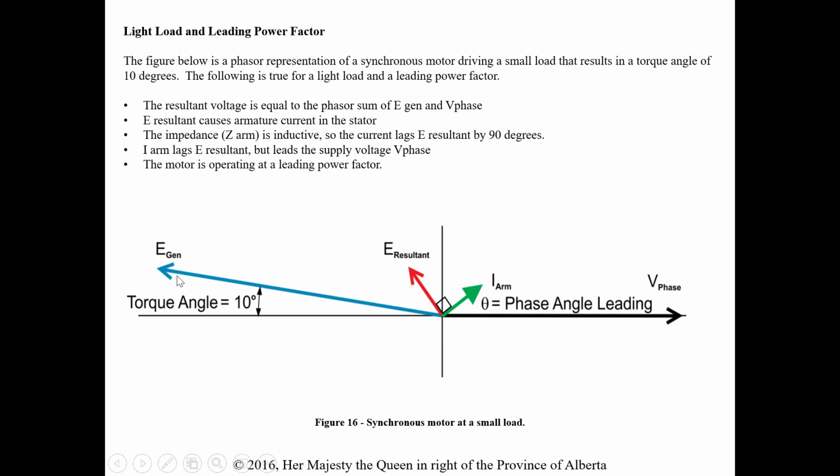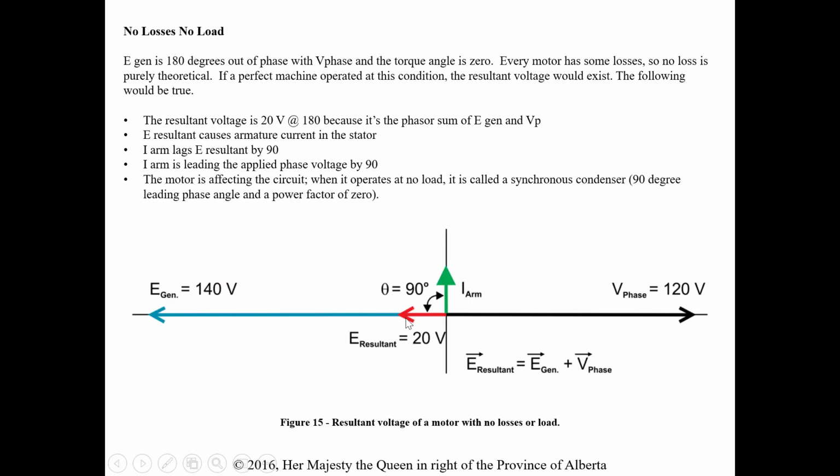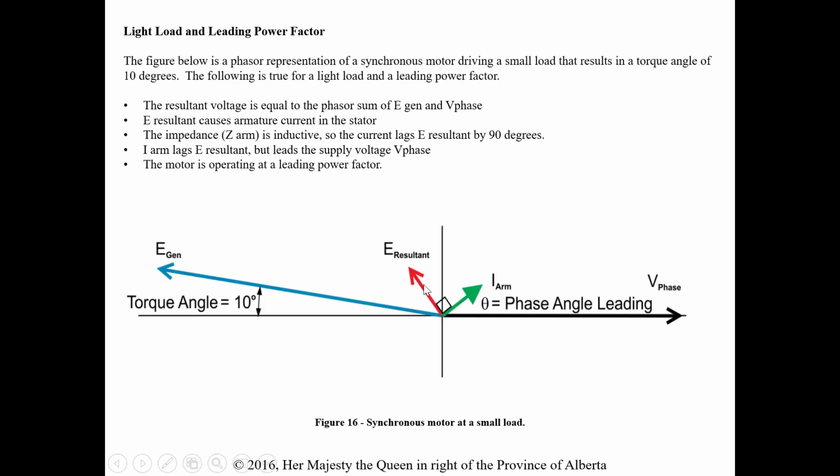So of course there's no value of voltage here, but we would add E gen at its angle and V phase at its angle, and we get this E resultant. Now because we're starting to come off the 180 reference with the E gen, because again now we have a load, so that torque angle is increasing, it pushes E resultant, where in the previous example it was right here on the 180, so it moves it up as well.